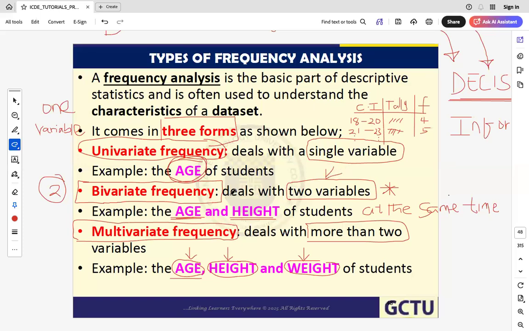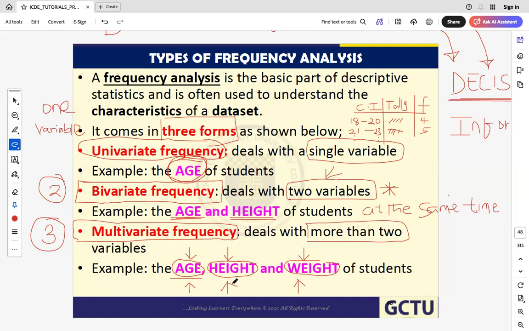In the course of your study, maybe at the master's level, you also encounter another technique called the multivariate frequency. That goes beyond the 2. For instance, when you go to the hospital and the nurse is taking data on your age, data on your height, data on your weight. These are more than 2 variables.